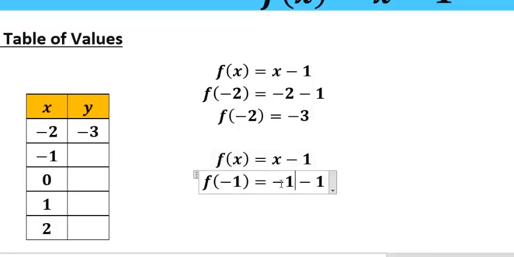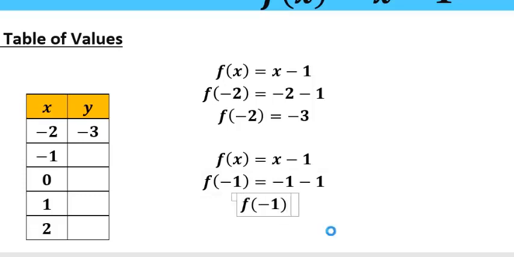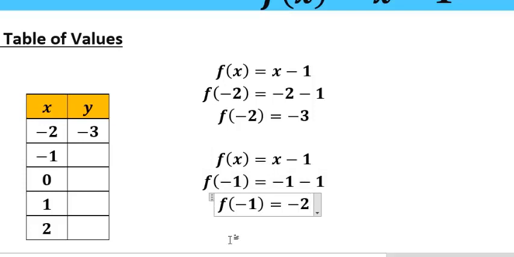Now this -1 is the one I'm using from the table because it's the one I'm changing instead of x, and the other -1 is the one I'm just copying from the formula. f(-1) equals -1 minus 1 is -2. Okay, -1 minus 1 is -2. So I'm going to put in here -2.